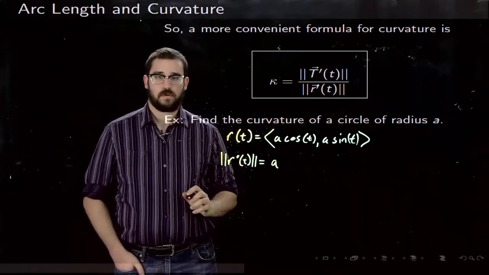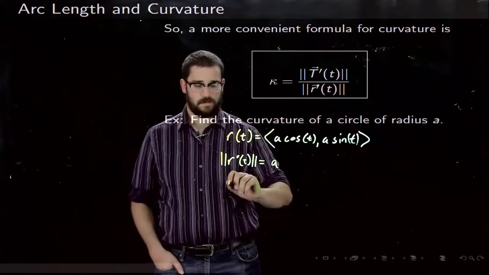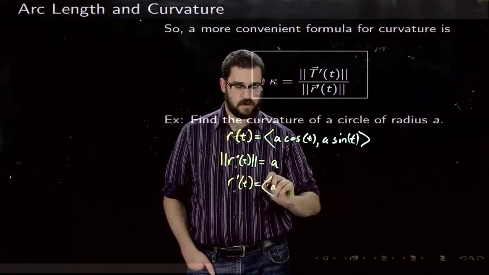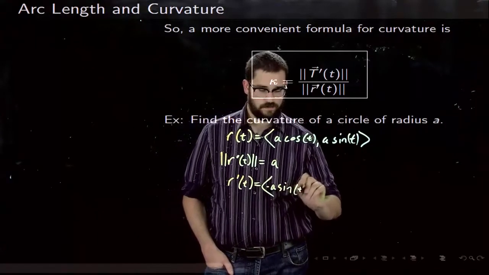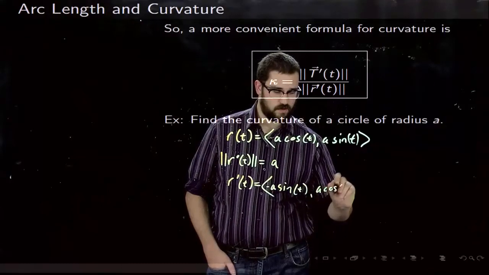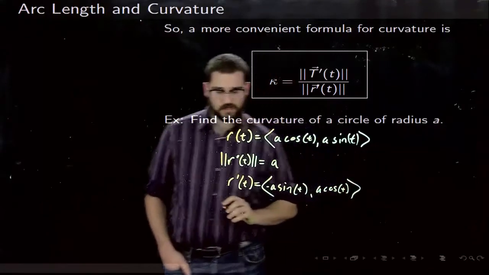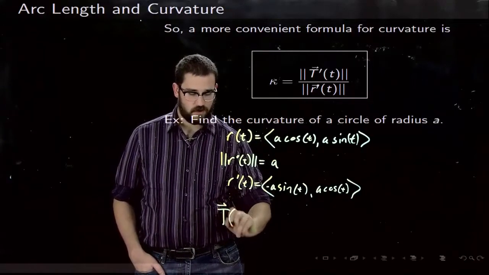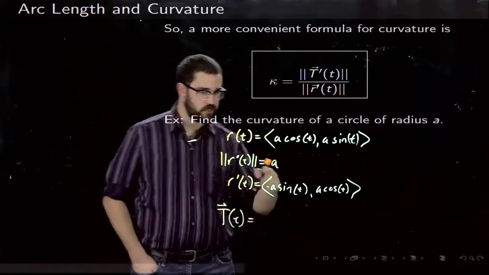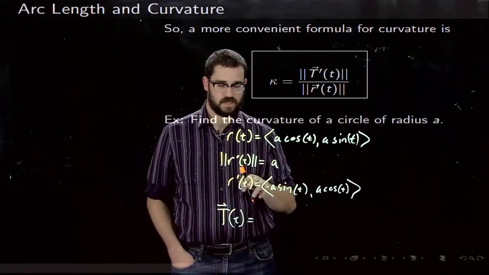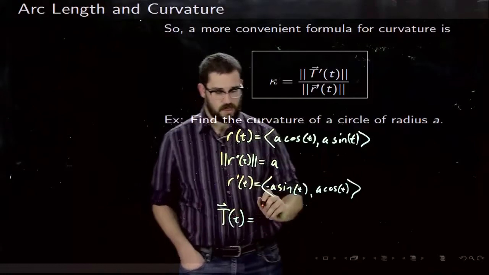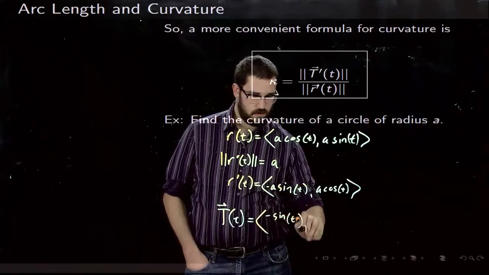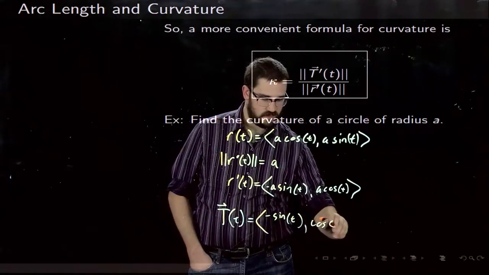Now remember, we have r prime of t being negative a sine of t, a cosine of t. So when we're trying to find our unit tangent vector, this will just be r prime of t divided by the magnitude, and so we get negative sine of t, cosine of t.